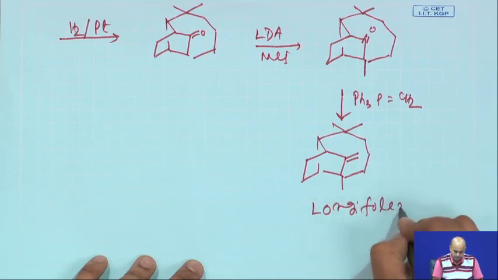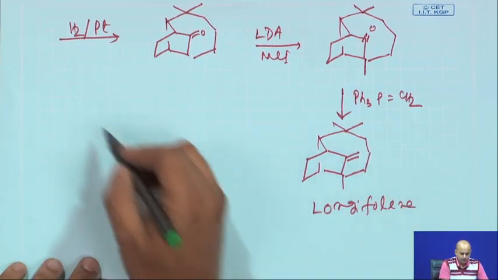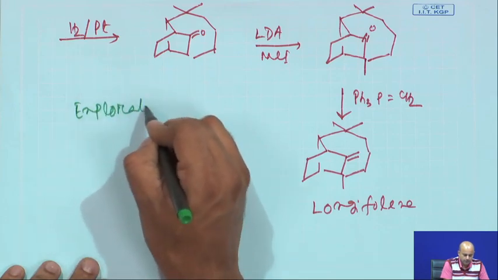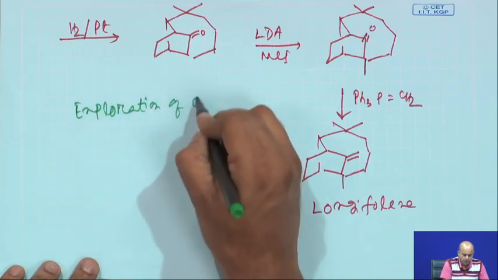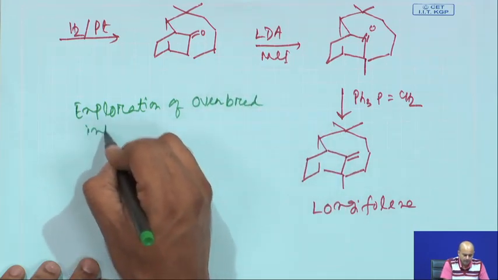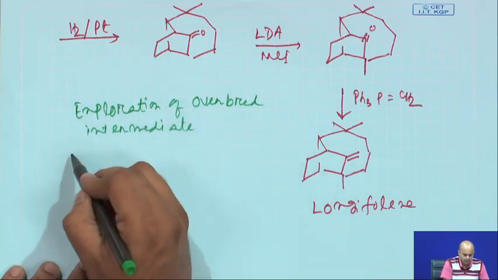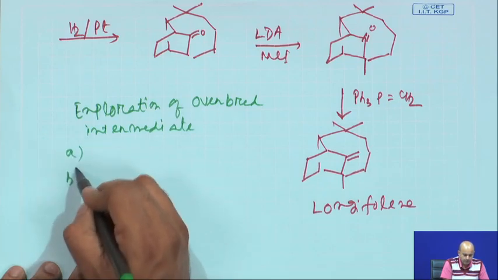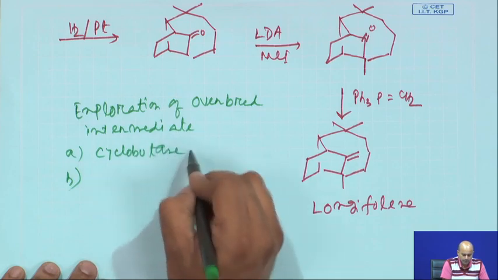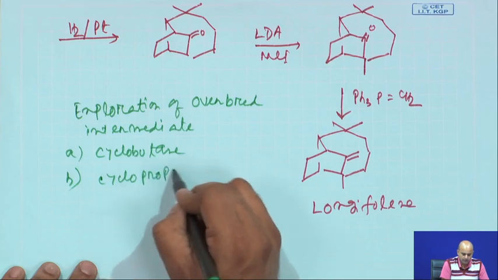Now, this is an absolutely delightful exercise for the exploration of the overbred concept, the overbred intermediate. The take home message is we basically use two overbreds. We use a cyclobutane containing overbred, as well as a cyclopropane containing overbred.